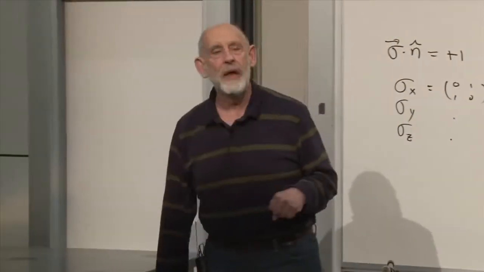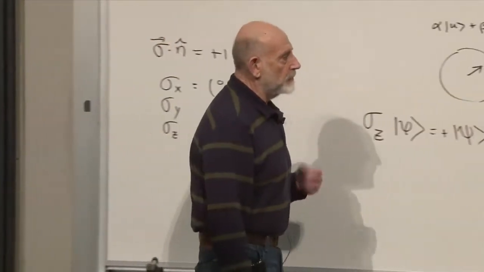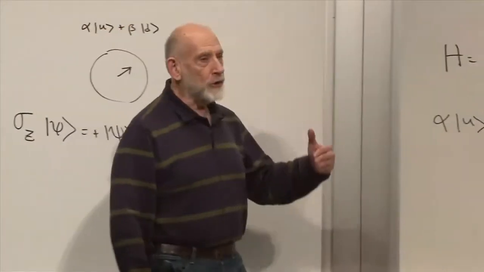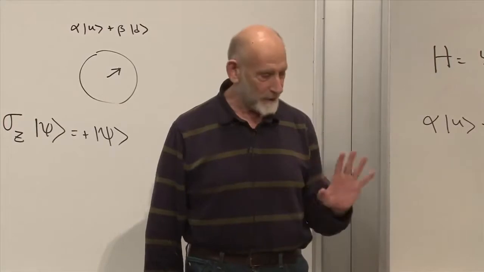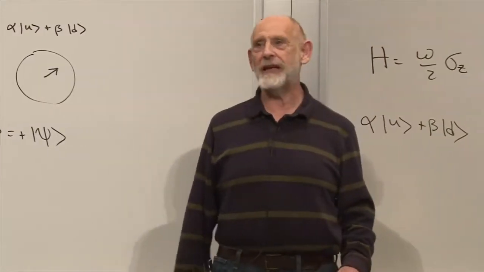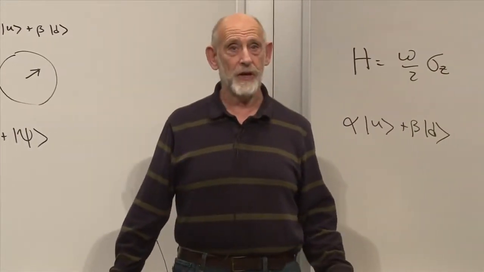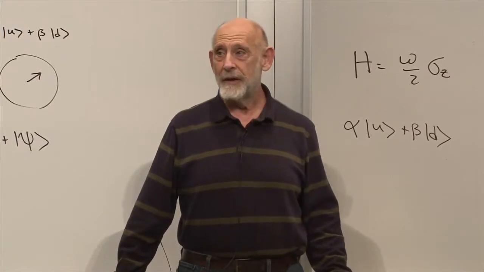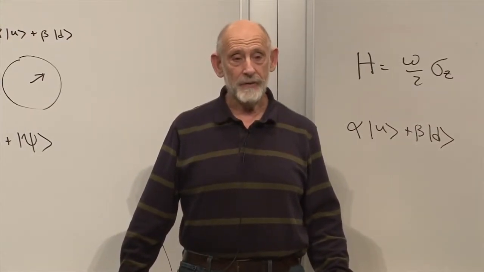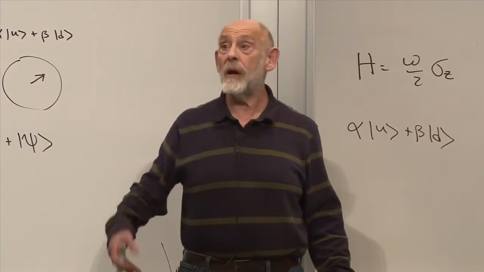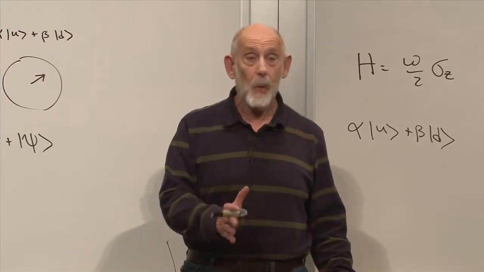It didn't satisfy the rule that if you measure a component of spin, you leave the system with exactly that. After thinking about it, I decided that did not qualify as a genuine measuring apparatus. We're going to come to measurements and the meaning of measurements in a little while.